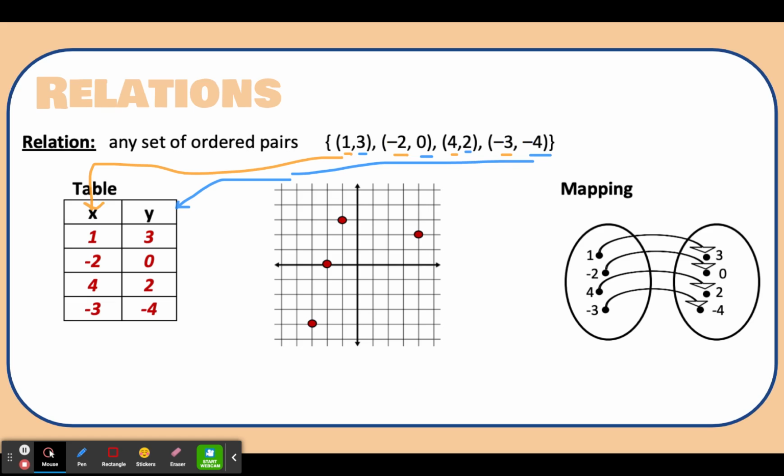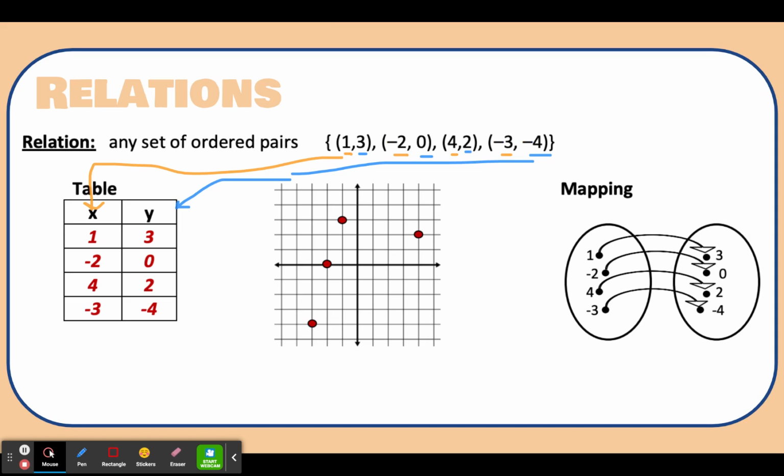Third way, we can use mapping. That is very literally mapping out which input and output belong together. We're using arrows, and we're saying, okay, 1, this x value, or this input, belongs to 3, this y value, or this output.